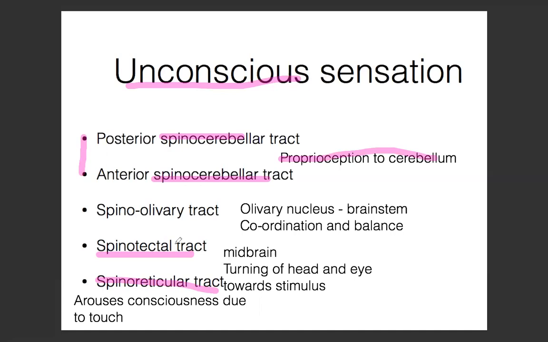I would just memorize that they are unconscious sensations: spinal olivary, spinotectal and spinal reticular. Focus on knowing the conscious ones, and only the cerebellar ones will be unconscious. Okay?